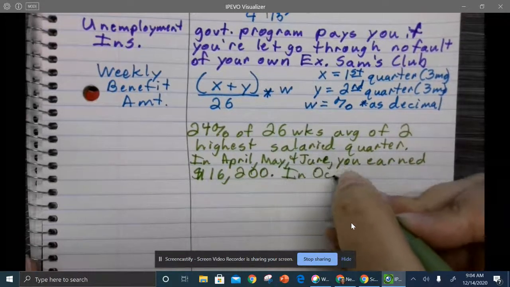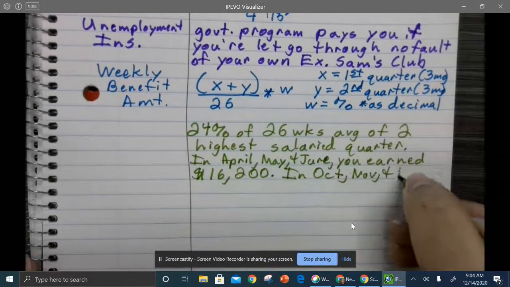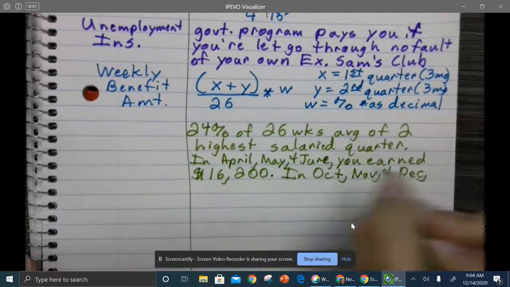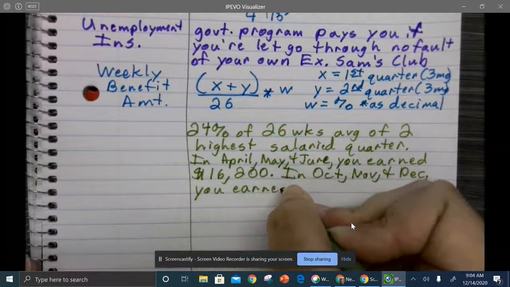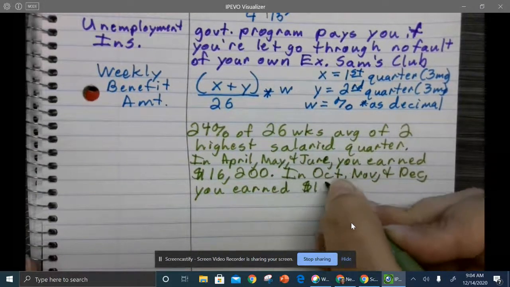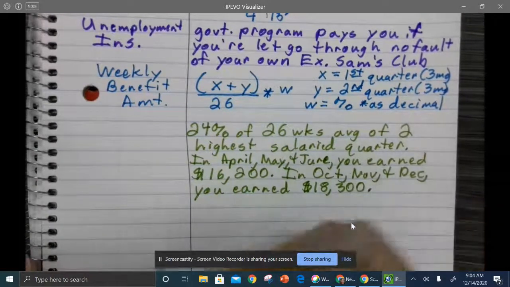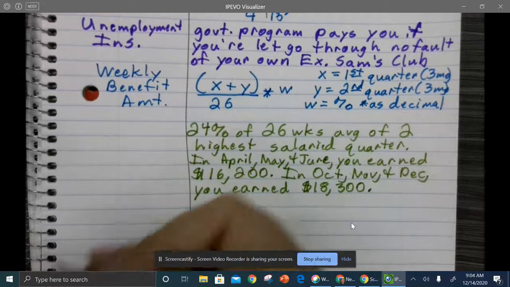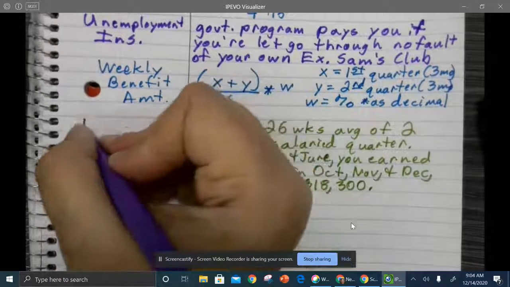In October, November, and December, you earned $18,300. Okay, so how much is your weekly unemployment benefit? Okay, so how much?